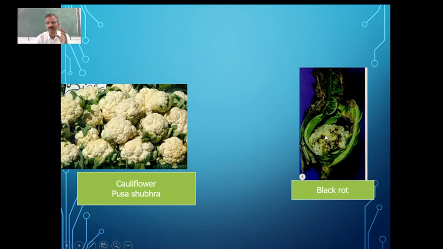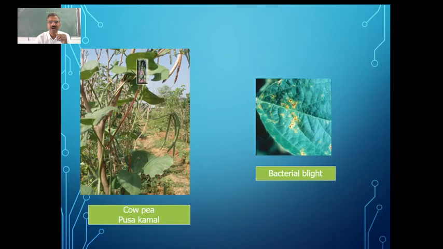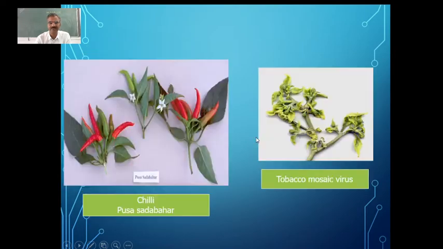This is how plant breeding plays a very important role here. And in the case of cowpea, it is bacterial blight caused by bacteria, and we have developed a variety called Pusa Komal. So our country has developed this Pusa Komal variety which is resistant against bacterial blight.